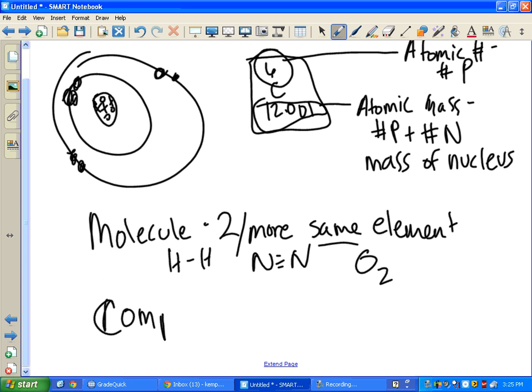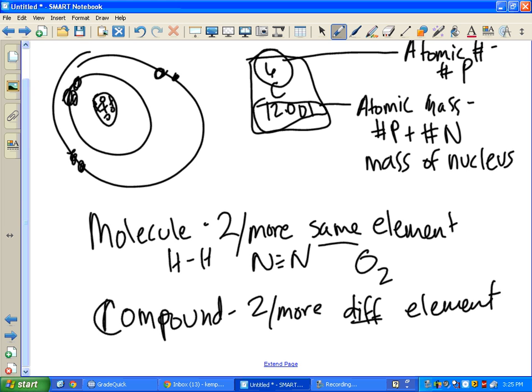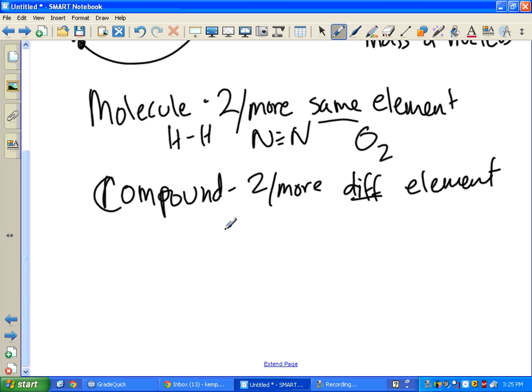Anything that has different elements in it is a compound. So that's going to be something like glucose, because we have 3 different elements all bonded together. Or maybe like ammonia, that's a compound, because we have nitrogen and we have hydrogen.